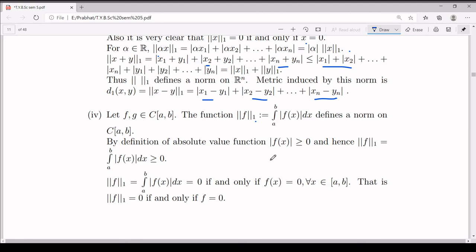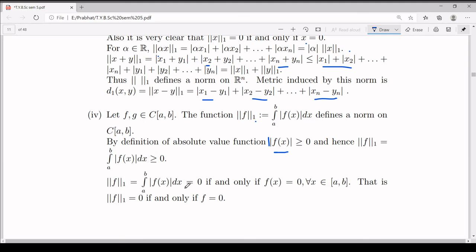So let's check. First of all, it's again absolute value function of f of x, so it is always greater equal 0 for all x inside closed interval [a,b]. So if you integrate, you will get integration of mod f of x dx is always greater equal 0. So the first part is okay. Now when will it be 0?